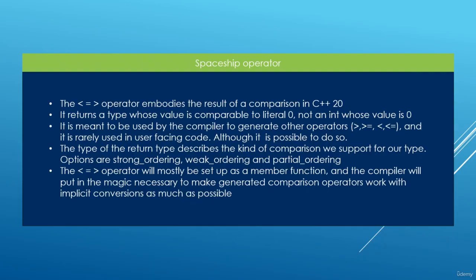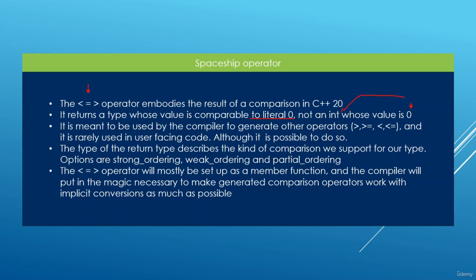Okay, so let's try to sum up what we just learned in this lecture. The three-way comparison operator is going to embody the result of a comparison in C++20. It's going to return a value that is comparable to literal 0. So the values in strong ordering, weak ordering, or partial ordering can be compared to literal 0, but you can't compare them to a 0 that is stored in an integer.